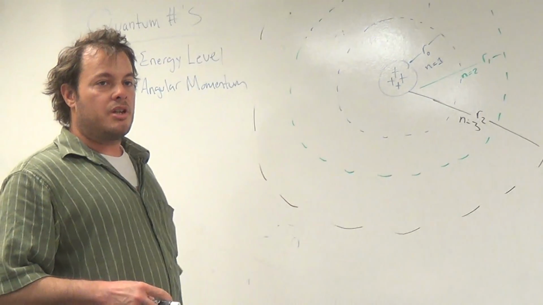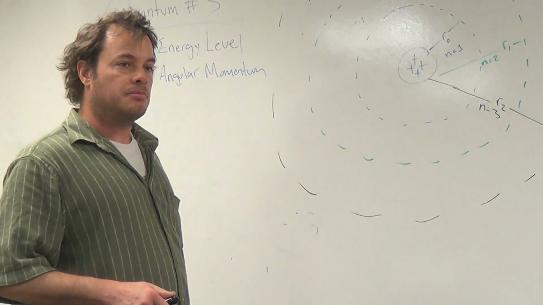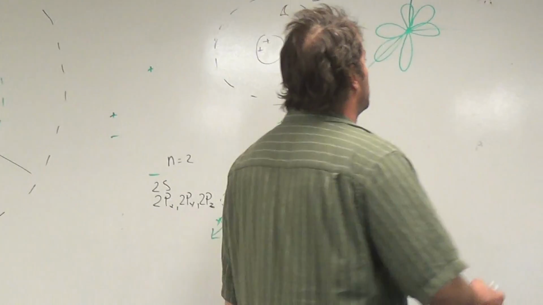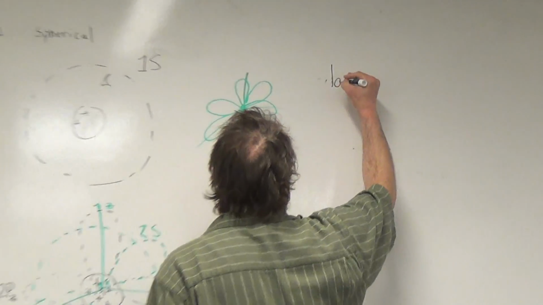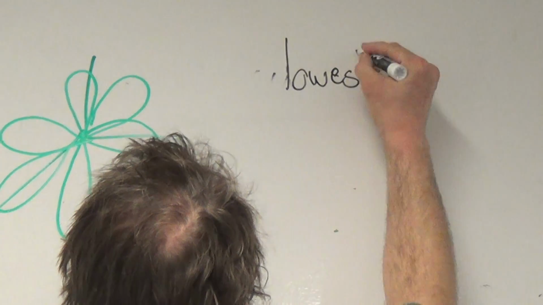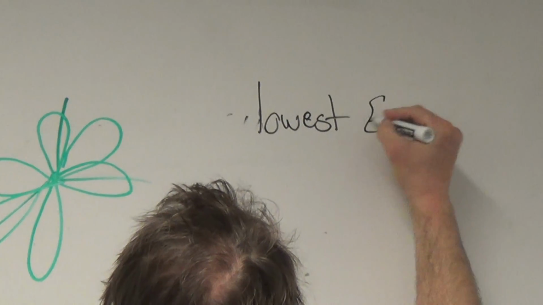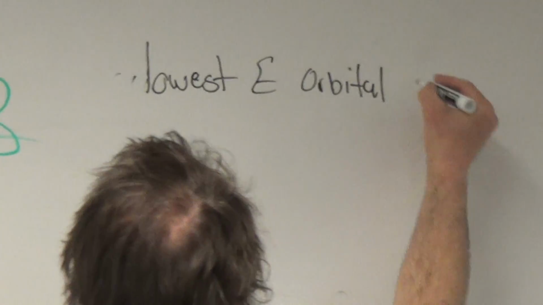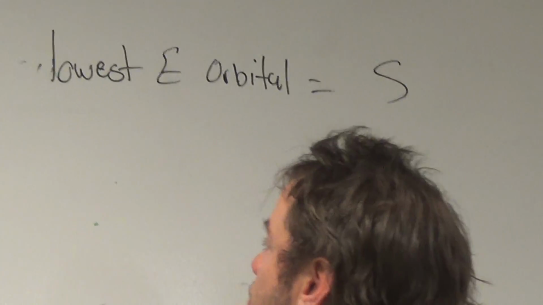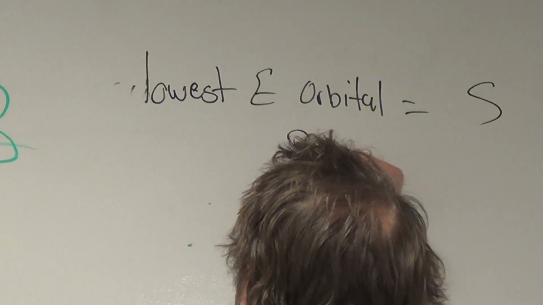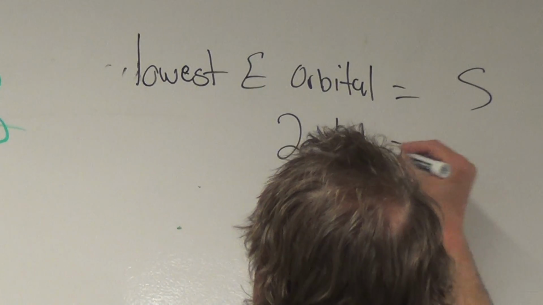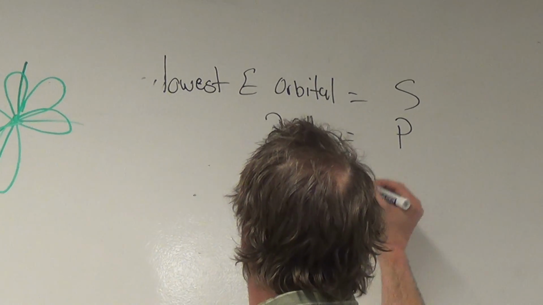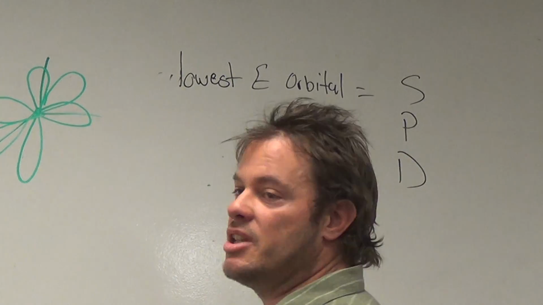If you look within one principal energy level, the rule is that the lowest energy orbital is going to be the s orbital. The second are going to be the p orbitals, and the third are going to be the d orbitals.